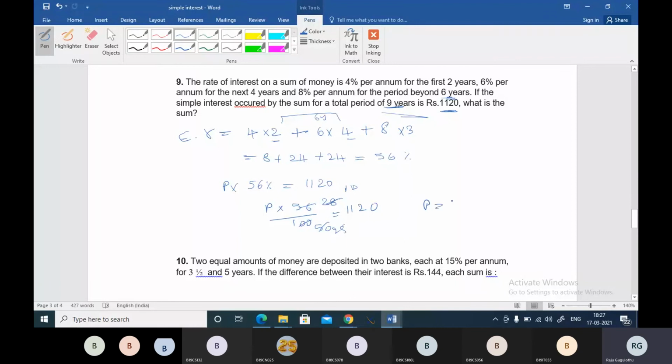Okay, P is equal to 1120 into 25 by 14, boss. 7 2s are 14, 7 8s are 56, so it is P equals 80 into 25, boss. On the very first day I told the shortcut: if 25 is there, then you can consider this as 100 by 4. So I am just considering that this is 100 by 4. So 4 20s are 80, and we have 100 in multiplication. Principal will be 2000 for this question.